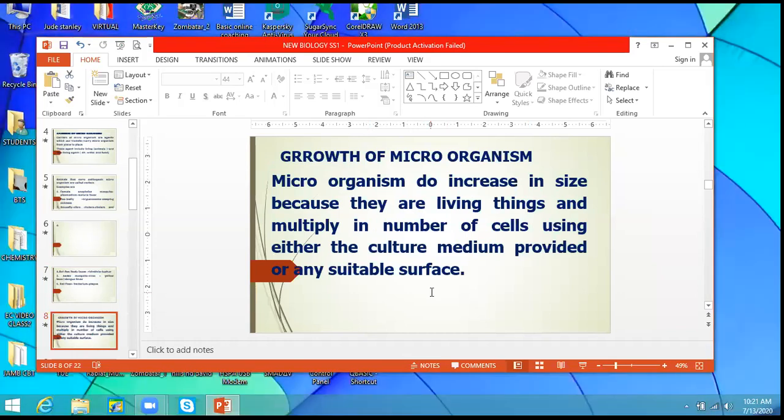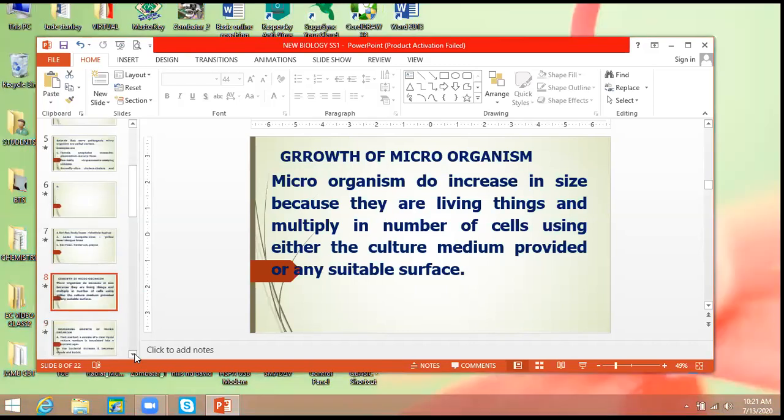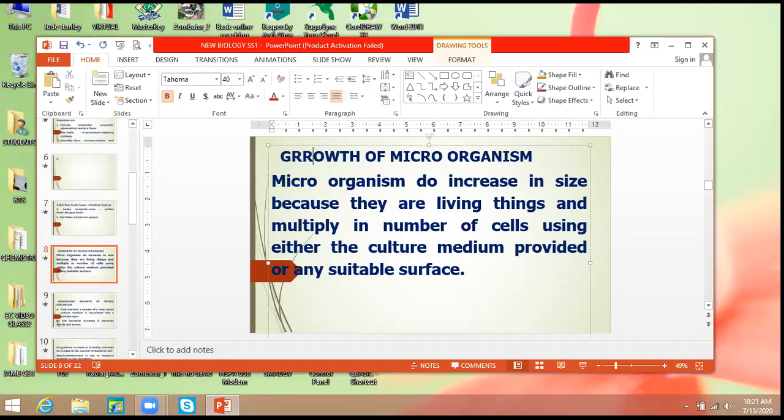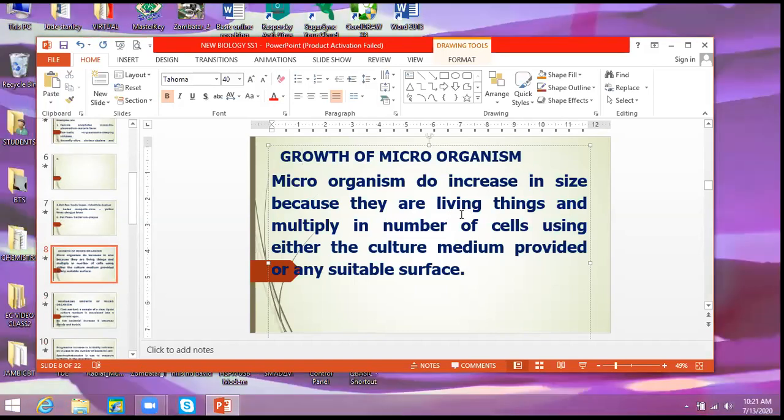They grow in it, increase in size and multiply. Or any suitable surface, even your skin; microorganisms can grow and multiply. So they grow because they are living things, because growth is one of the major characteristics of living things.